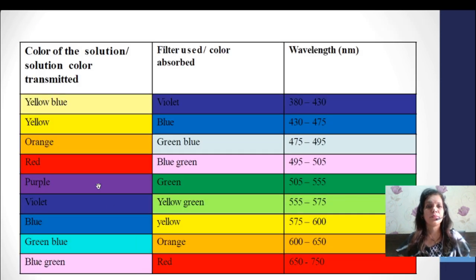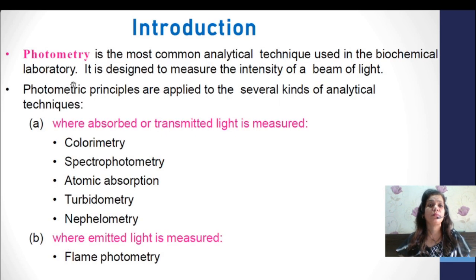These are the different colors which are visible to you, and these are the different wavelengths which are applied to obtain the different colors. Now we'll see photometry, which is the most common analytical technique utilized in a number of different measurements with respect to intensity of a beam of light.